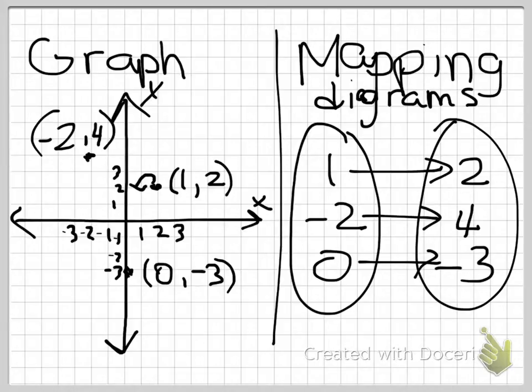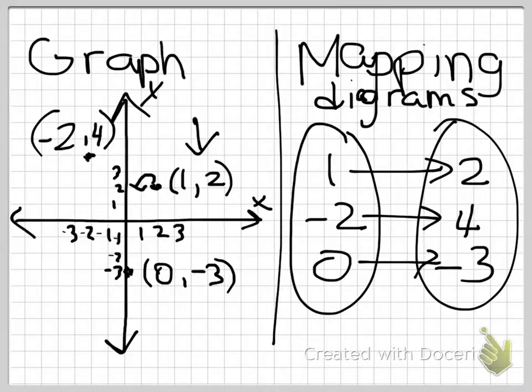So if we were looking at this ordered pair here, the (1, 2), that tells me on the x-axis, which is the horizontal line, it would be at the 1. And then if you have 2 as the y-coordinate, that means you would go up to the 2 on the y-axis and have your point.